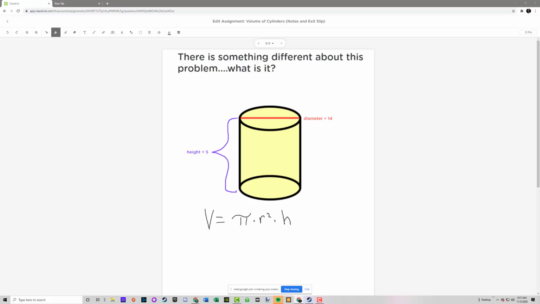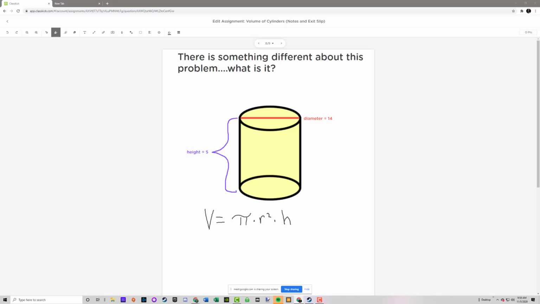What is it we can do to that diameter in order to change it from diameter to radius? Yep, we're going to cut it in half.